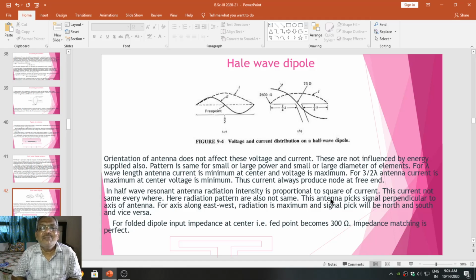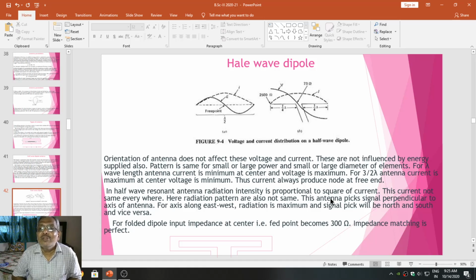The pattern is the same for small or large power and small or large diameter of the elements. Means the radiation pattern doesn't depend upon the energy supplied, the power applied, or the diameter of that particular dipole antenna. But it depends upon the length of the antenna.